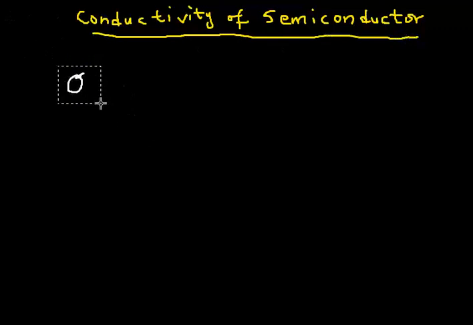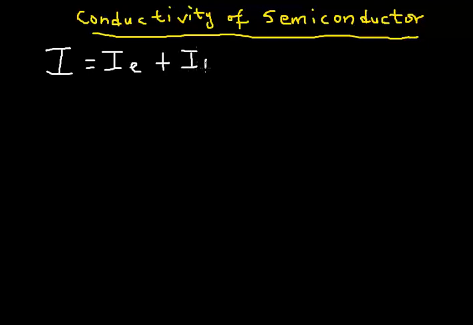Before we get to the conductivity, we can simply conclude that the current of a semiconductor is due to the current from the flow of electrons plus the current from the flow of holes. So it is the electron and hole that contribute to the total current. Now let's go to the conductivity.